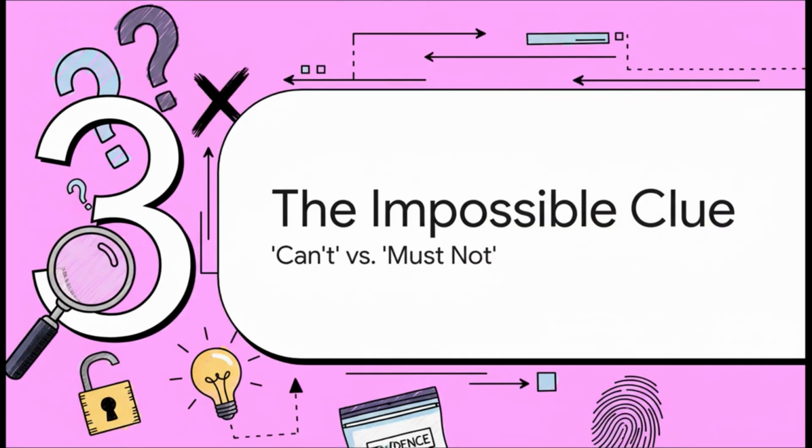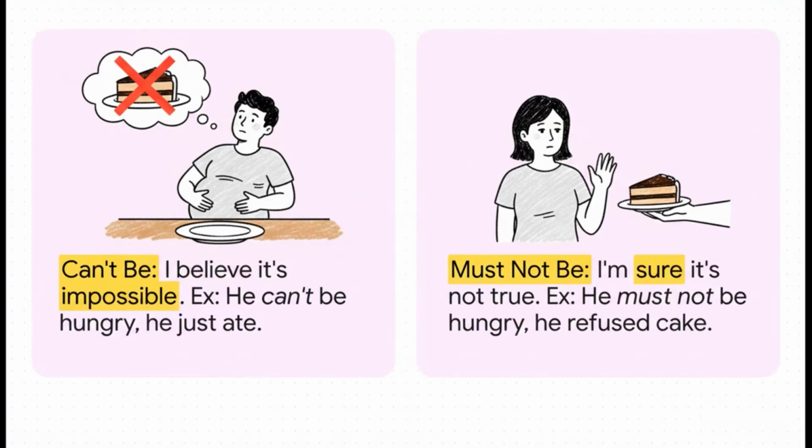All right, time to level up. This is where the great detectives really shine. We're talking about the very subtle but very important difference between thinking something is impossible versus just being sure it isn't true. Okay, so this slide is really, really important. Let's break it down. On the left, we have he can't be hungry.